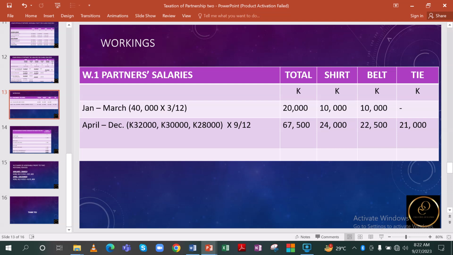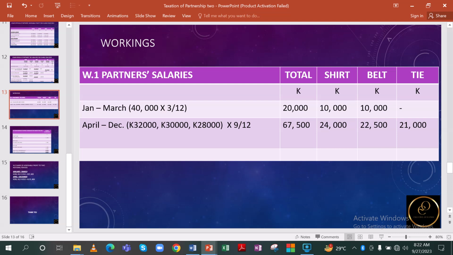Now this 40,000 is for 12 months, and January to March is only 3 months. Then it means we have to account for only 3 months' salary for shirt and belt. So 3 out of 12 times 40,000 gives us 10,000 for shirt and also 10,000 for belt.